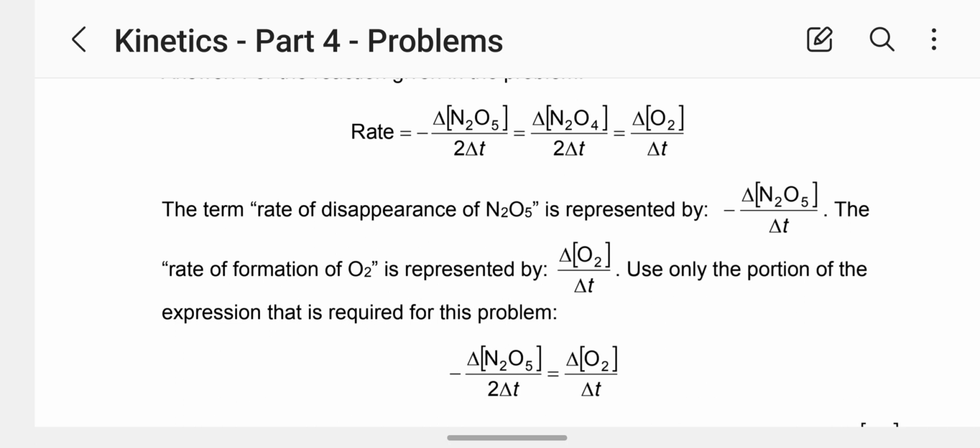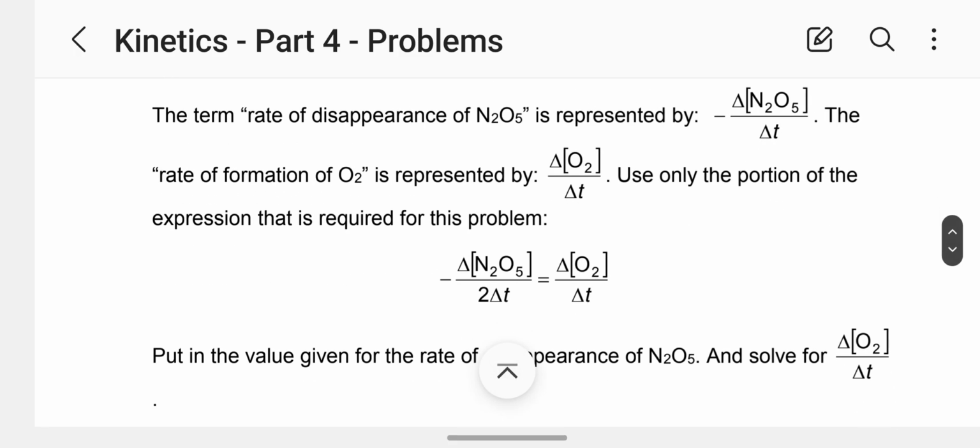Then use only the portion of the expression that is required for this problem.